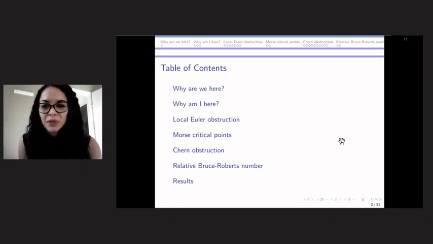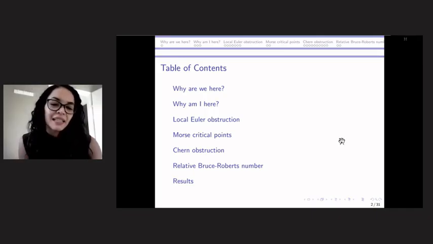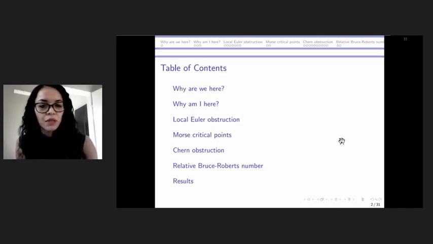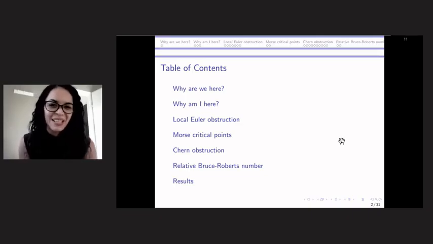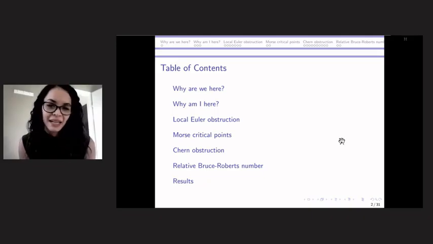In order to present some results I obtained with Cidinha and Bárbara Lima Pereira, I need to introduce four main tools: local obstruction, the Morse critical points, Chern obstruction, and the relative Bruce-Roberts number. So there are many things we need to discuss before I state my results. But I will start with why we are here.